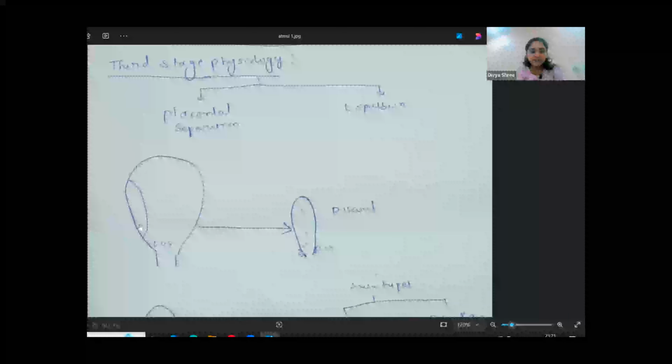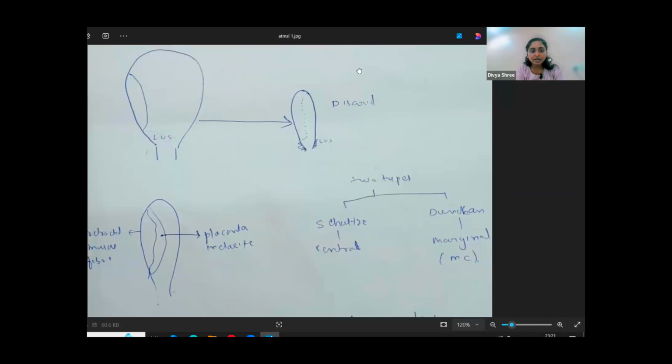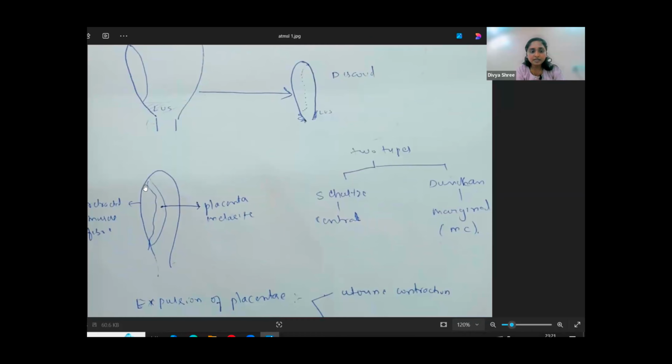The surface area to which the placenta was attached previously now decreases to a very small area, as the placenta is inelastic. It cannot sustain the retraction of the muscle fibers, and thus the placenta gets separated.